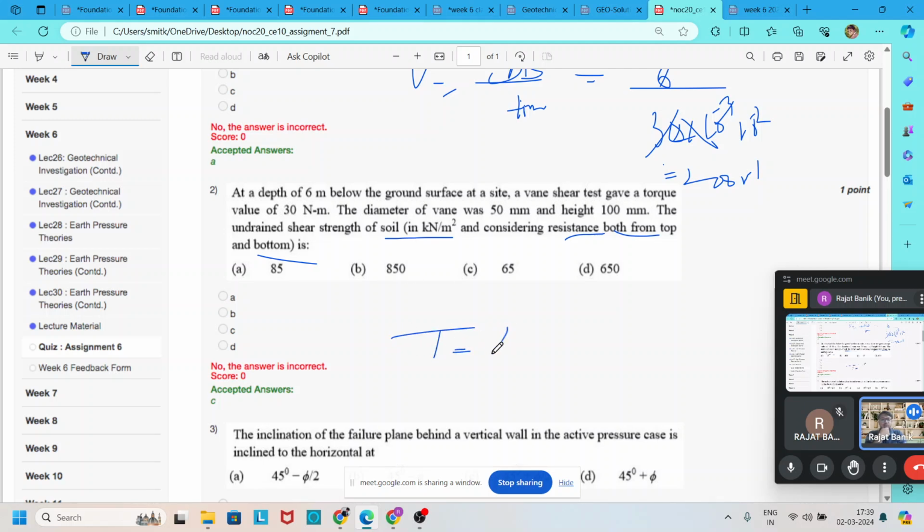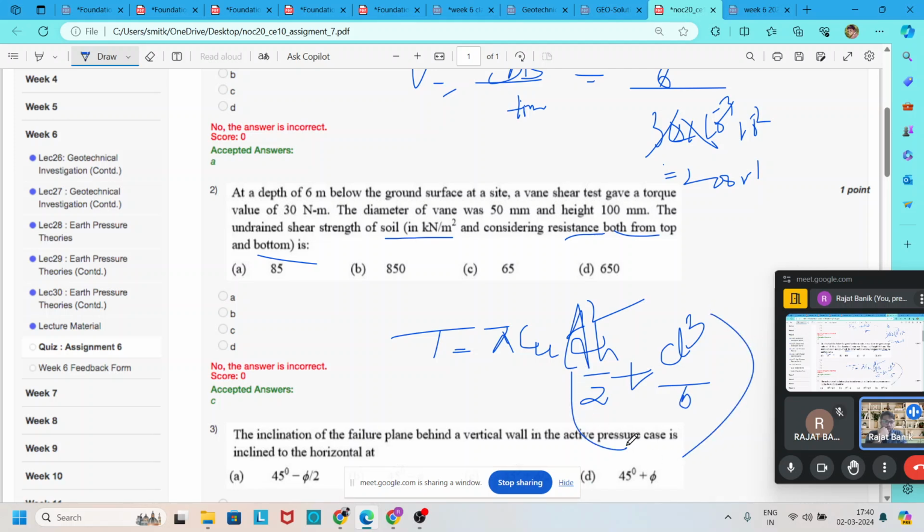This is T equals pi into cu into d square h by 2 plus d cube by 6, because we use both the top and bottom surfaces, and we have to find out the cu.